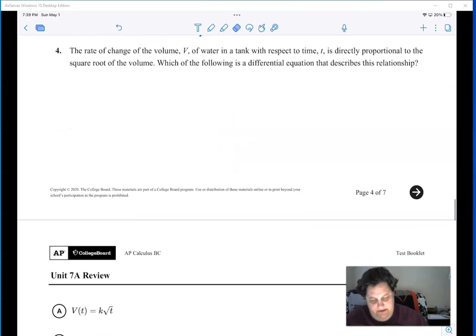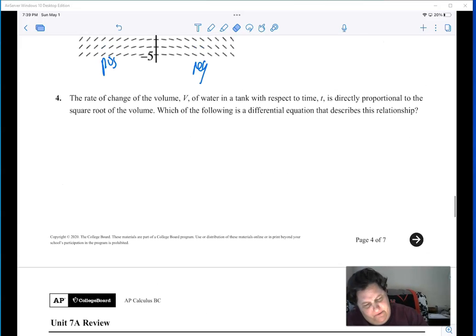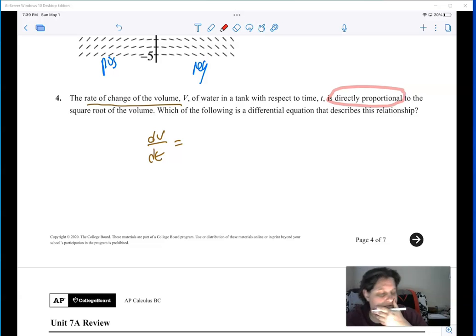Okay, cool. Look at number 4. Oh, this is interesting. Just interpret the rate of change of volume of water in a tank with respect to time is directly proportional. This is stuff that we used to teach in Algebra 1.